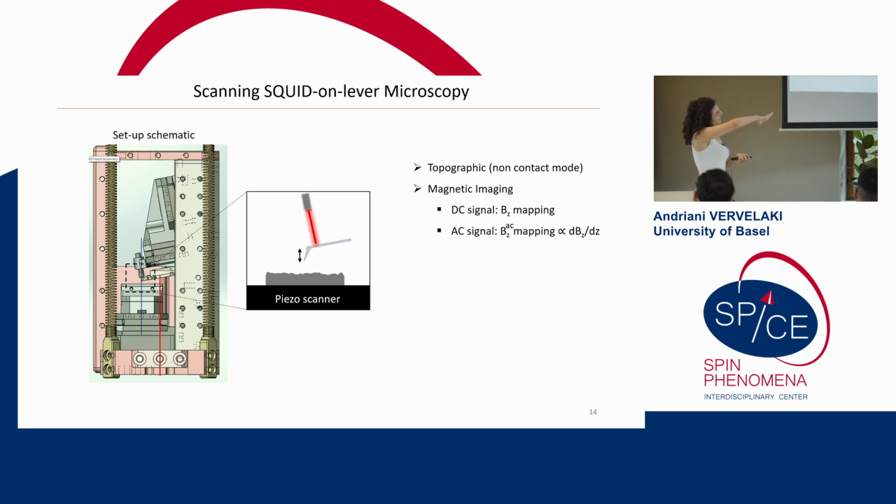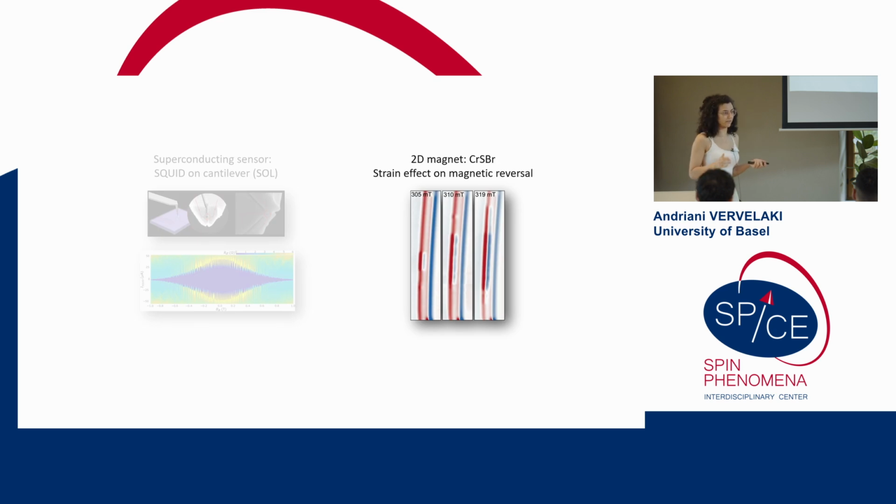Because of these reasons, I will show you in the next slides a magnetic field map which is actually proportional to the spatial derivative along the z direction. The SQUID that we used was still not the best spatial resolution that we achieved, since the study was done a bit earlier, and we have a spatial resolution of around 200 nanometers.